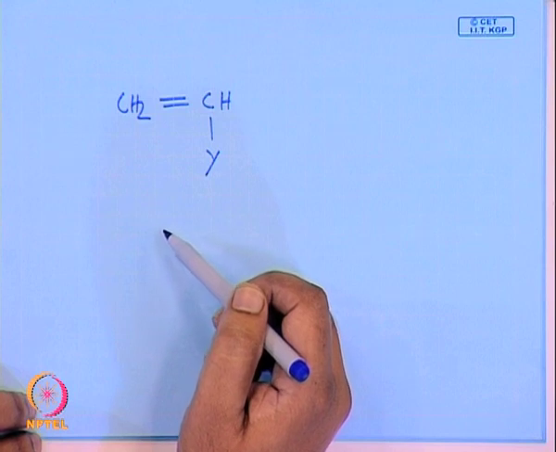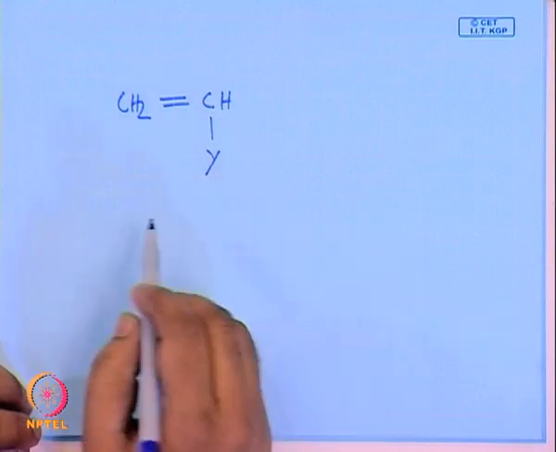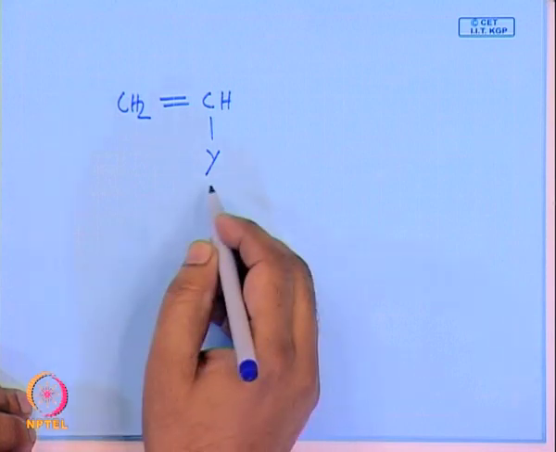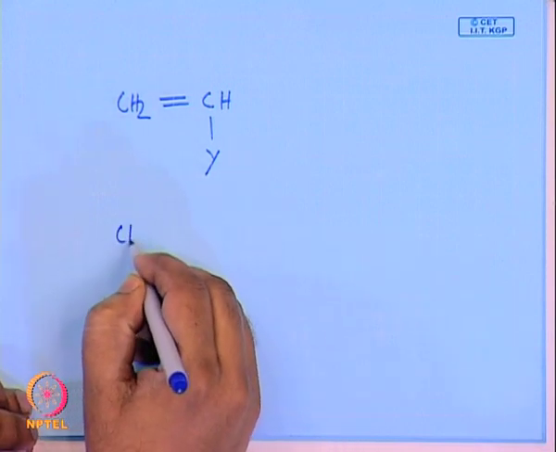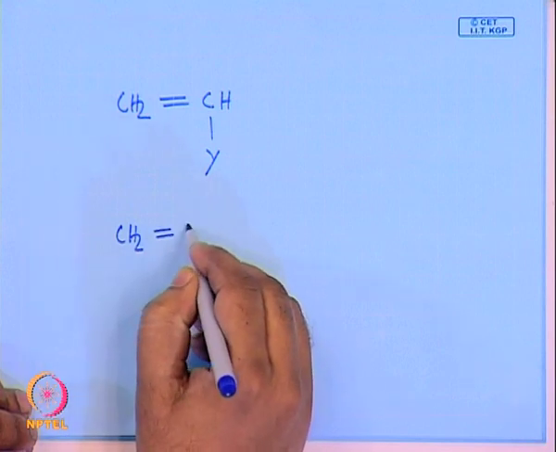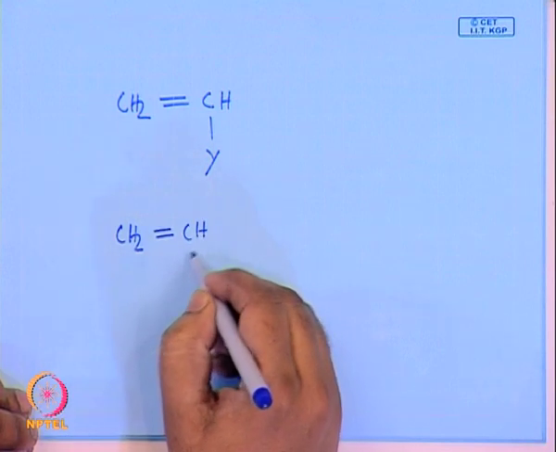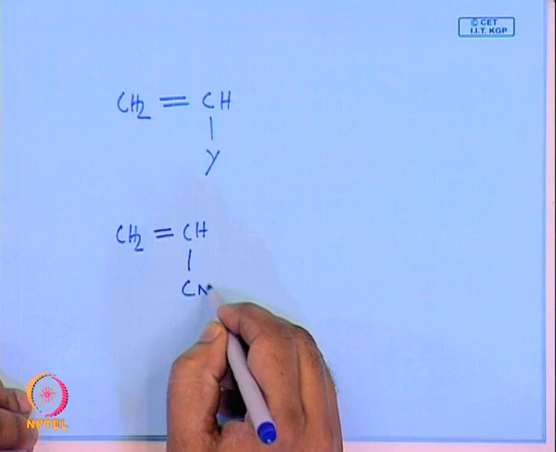For example, if I have Y as an electron withdrawing group such as nitrile, so if I consider a molecule like this, CN.